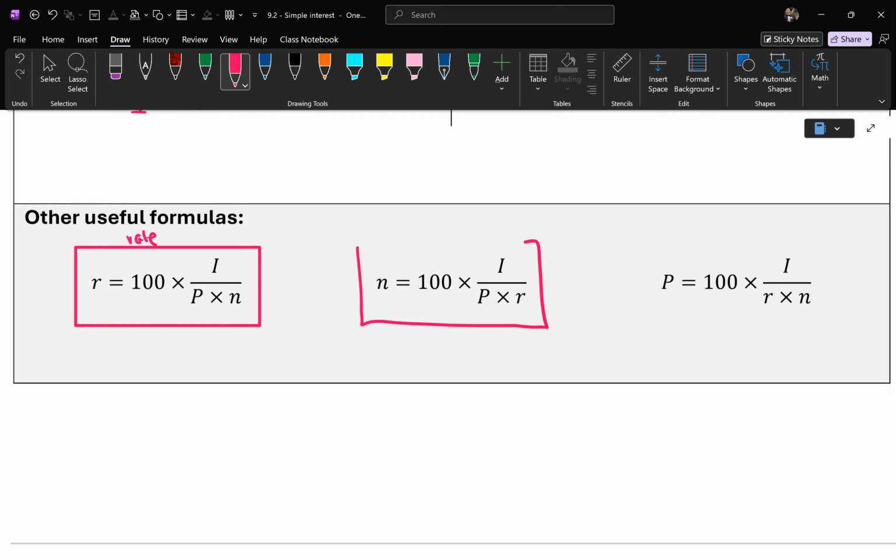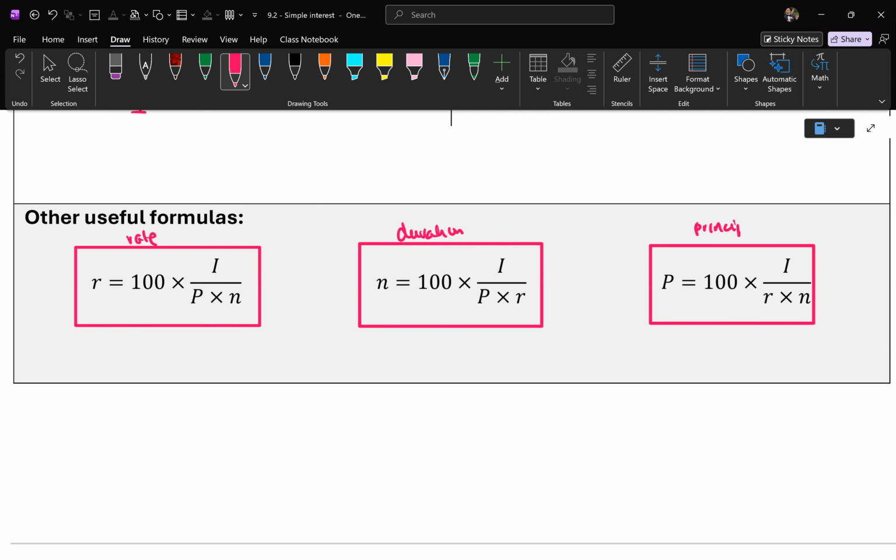You could also rearrange it to get the duration, and you can also rearrange it to get the principal. But if you're not strong with the algebra, please copy this down. Those three formulas will be useful. They all come from the same one formula, but I've rearranged it for you, so it's ready for you to copy down when you get a problem like that. One for rate, one for duration, one for principal.